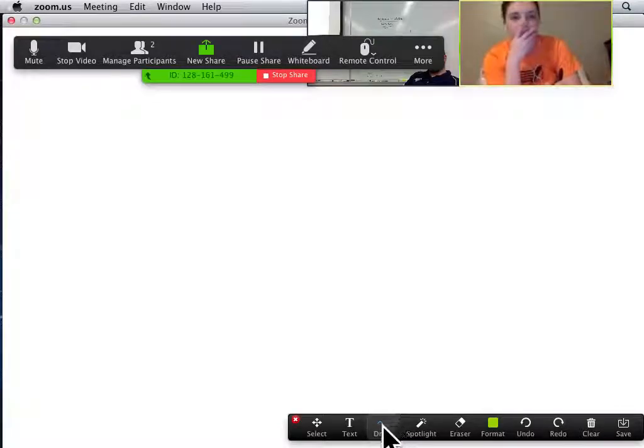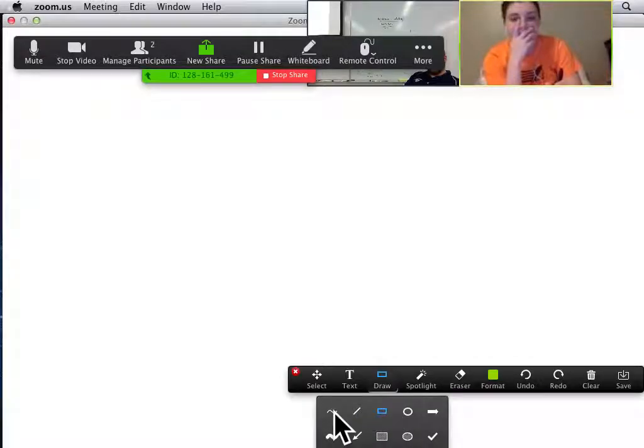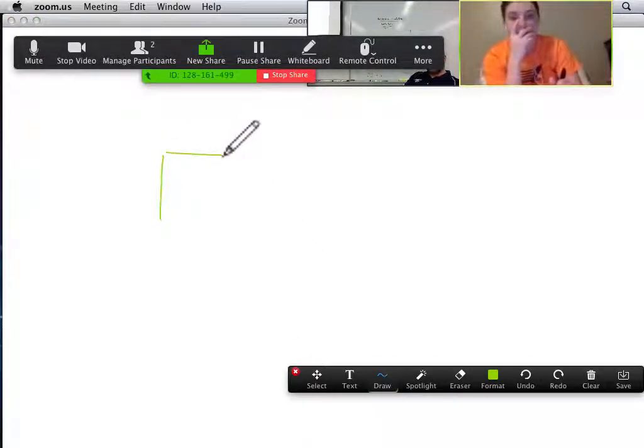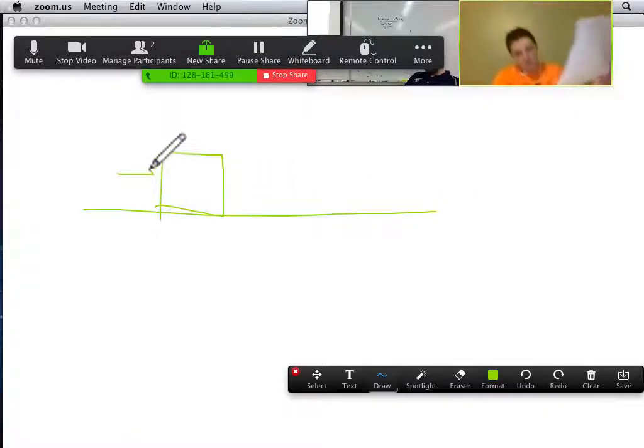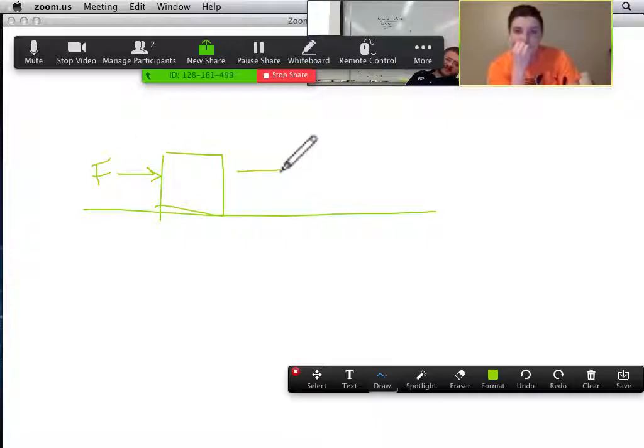We have a box on the floor, and we're going to push it. It's going to slide along in this direction, but the velocity is going to be constant. In other words, it moves along at a constant speed in a constant direction. Doesn't change anything. So we say, well, if the velocity is constant, then what does that mean?